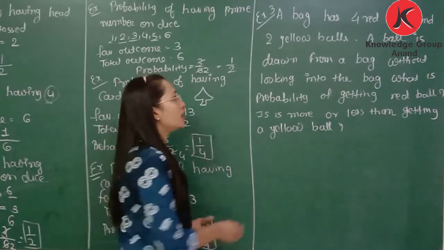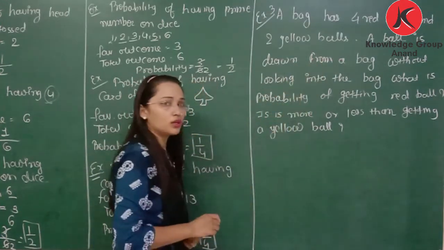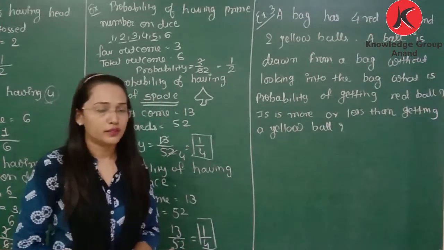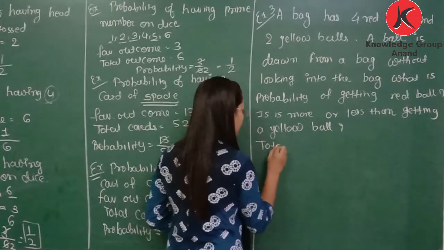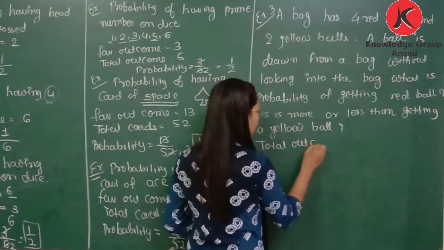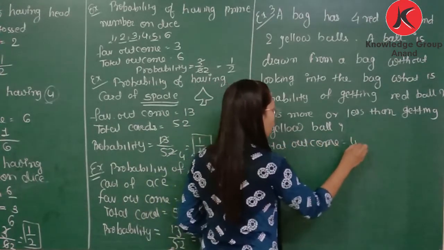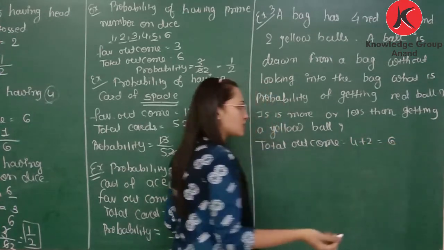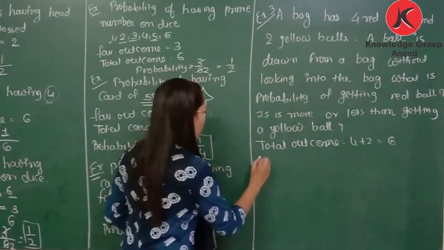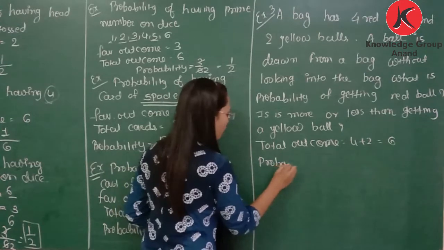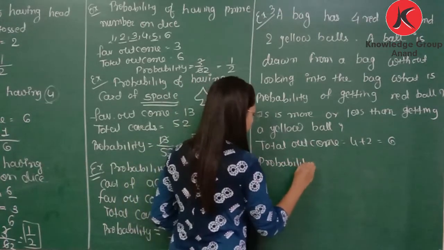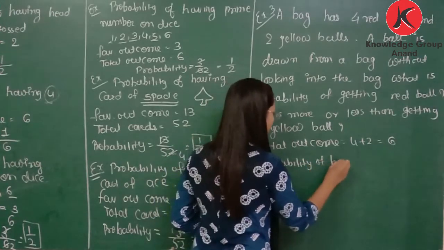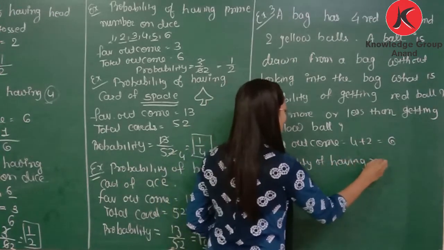So let's find now how many total outcomes. Whatever number of balls, that will be our total outcome. So total outcome, you can say 4 plus 2, that is 6, because there are 6 balls. Now the probability of having the red ball.